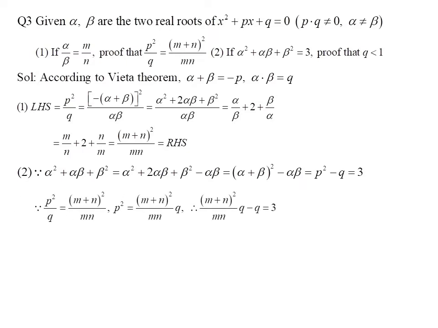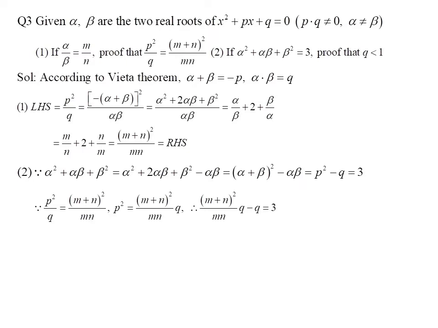Now we are going to use the result of question 1, as we have already proved. Substitute p squared by (m plus n) squared times q divided by mn. Then we have the equation with m, n, and q.